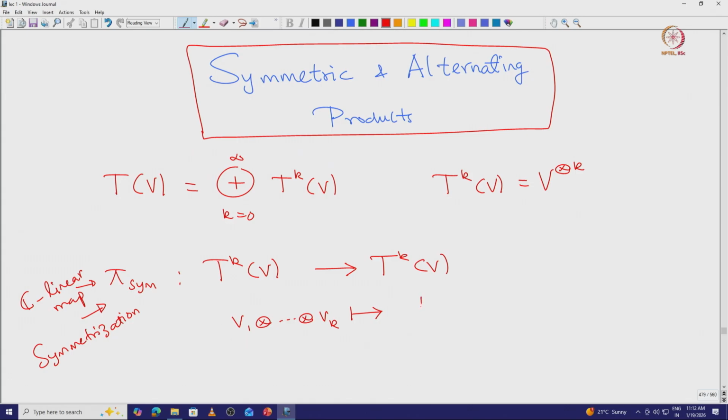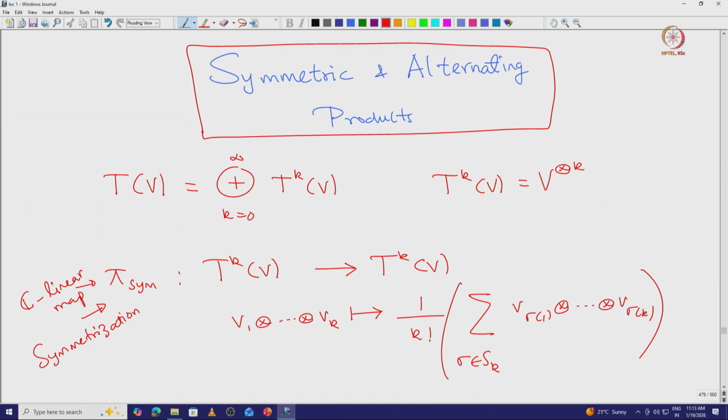You average over k factorial and take the sum running over all sigma in Sk, where you act sigma on V1 tensor etc. Vk. Then we get V sigma 1 tensor etc. V sigma k. This is called the symmetrization of V1 tensor etc. Vk.